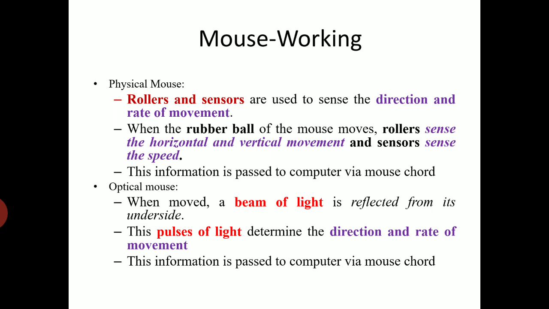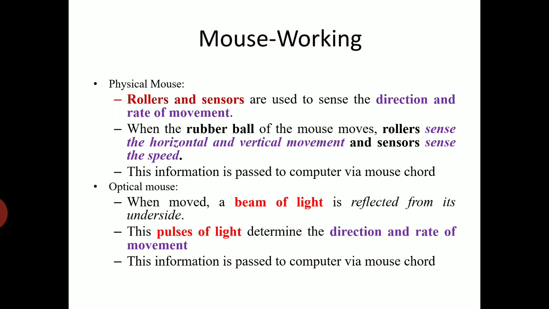The information will be passed accordingly, and you can see the cursor moving in that direction. And there are sensors. We will quickly move the mouse in this direction, that direction. So all the speed changes will be sensed by the sensor in the physical mouse.